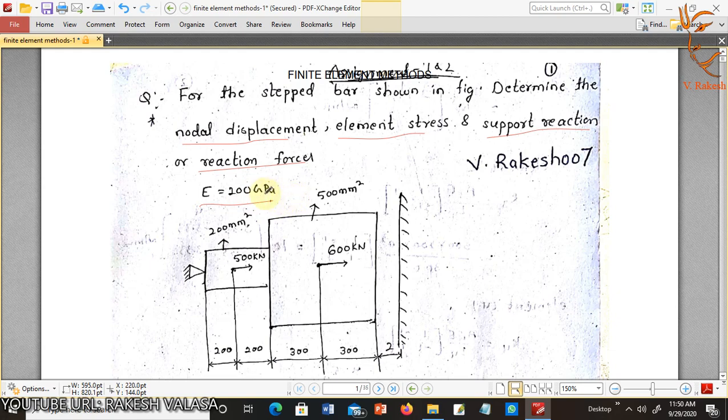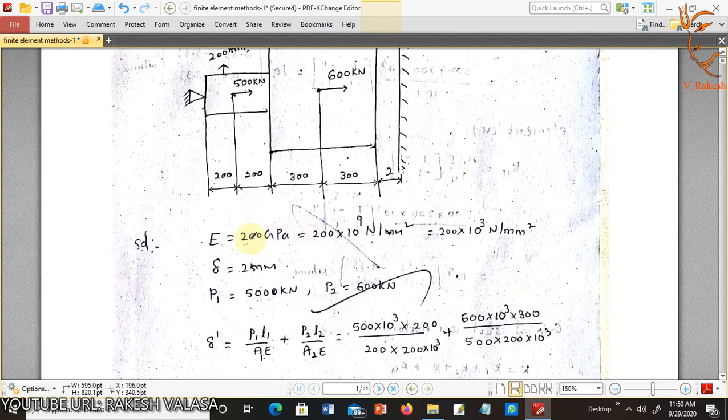You can convert into mm. That is E equal 200 GPa equal to 200 into 10 power 9 Newton per meter square. 1 meter equal 10 power minus 3 mm square. That means 9 minus 6, 200 into 10 power 3 Newton per mm square.